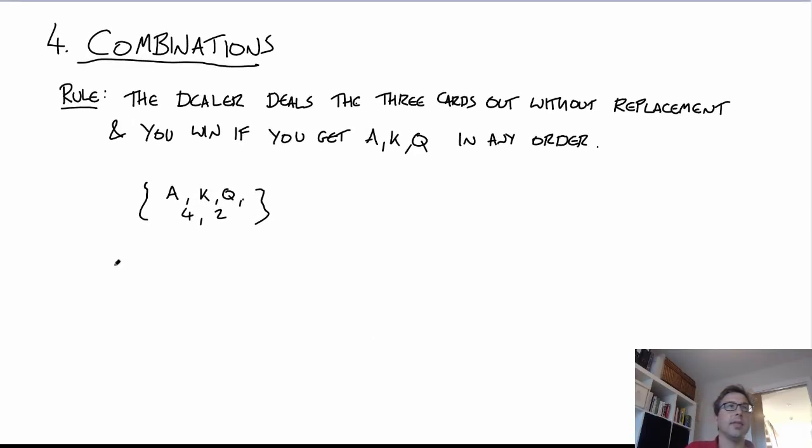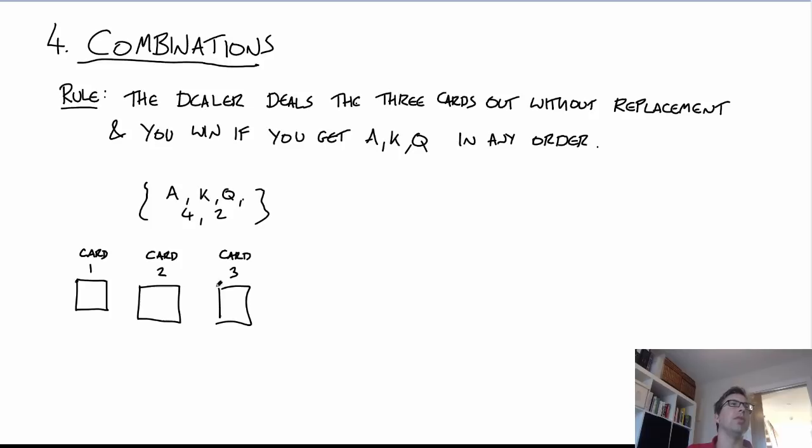And then we have 3 cards: card 1, card 2, card 3. So here are the spaces where the dealer puts your 3 cards. And in this case we counted up the number of elements in the sample space. It was, I think, 60.